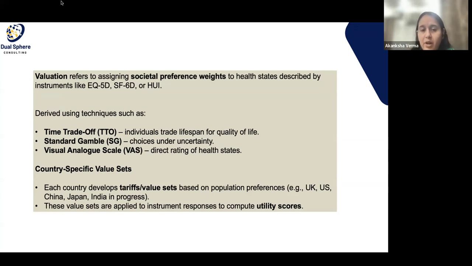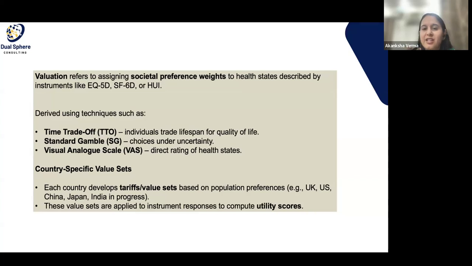It's not the same everywhere. So the preference of the society will also differ based on the prevalence of that disease. So societal preference weight helps you provide a societal perspective on that disease. Valuation helps you assign that societal weight to the health state to give it a more realistic, geographical perspective on that health state, I would say.